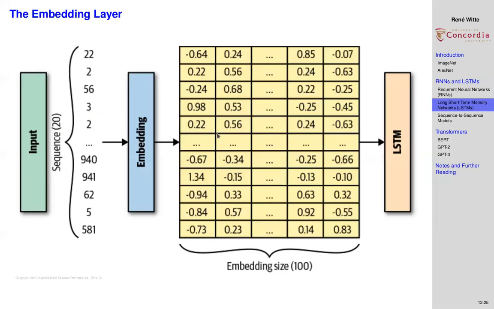So again, this is how the network looks like. We start with a sequence of 20 words. So the sequence here is the index into our dictionary. This goes into an embedding layer. And basically, we're building word embeddings here with a size of 100 dimensions. And then the output from this goes into an LSTM layer.